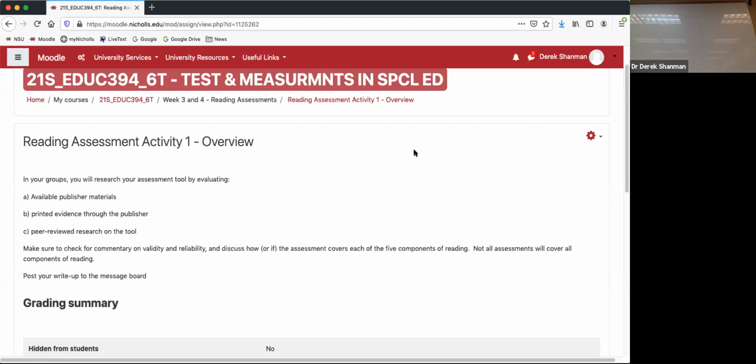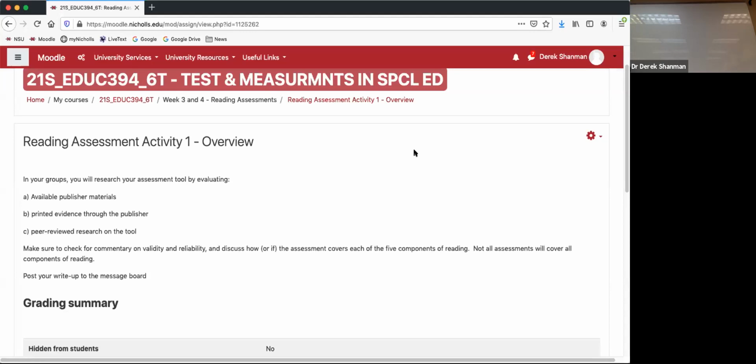That's kind of where we're headed. You are looking for a well-rounded assessment, an assessment that is valid and reliable, and that has materials or that is meaningful to you and your school. Simple enough, right? All right.